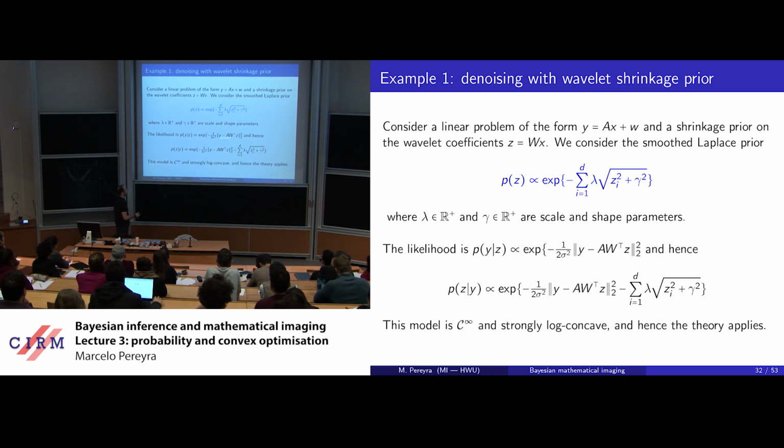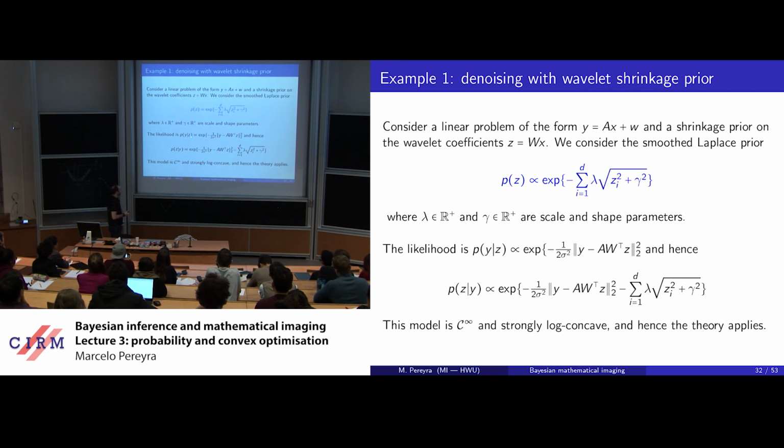This has been proposed by like 10 different people with 10 different names. So let's say I use that prior on the wavelet coefficients of an image. I have an image that I observe, and I'm going to put a prior on the wavelet coefficients. I'm going to assume that I have an orthogonal wavelet transform, and my prior on each coefficient is this.